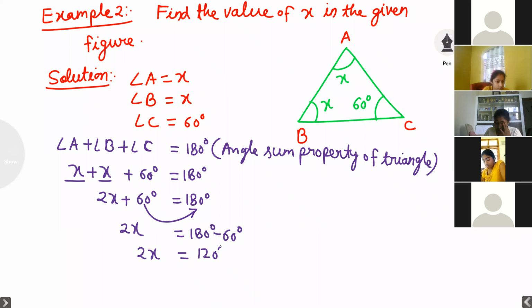Now here many students make a mistake. 2x means 2 into x, not 2 plus x. 2x means 2 into x. Multiplication quantity becomes division. x is equal to 120 degrees divided by 2, which is equal to 60 degrees.